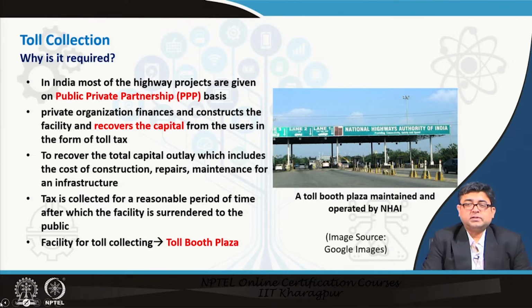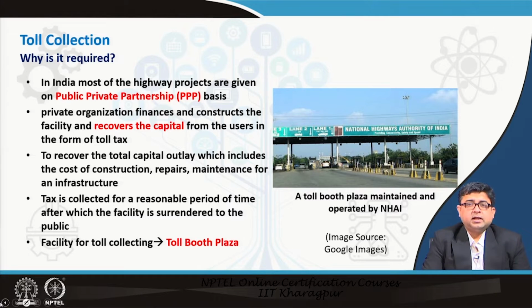And also obviously, the private entity would want to make some profit out of that as well. So, tolls are now being collected at various highway segments, and the places where the tolls are collected are known as the toll booth plazas.